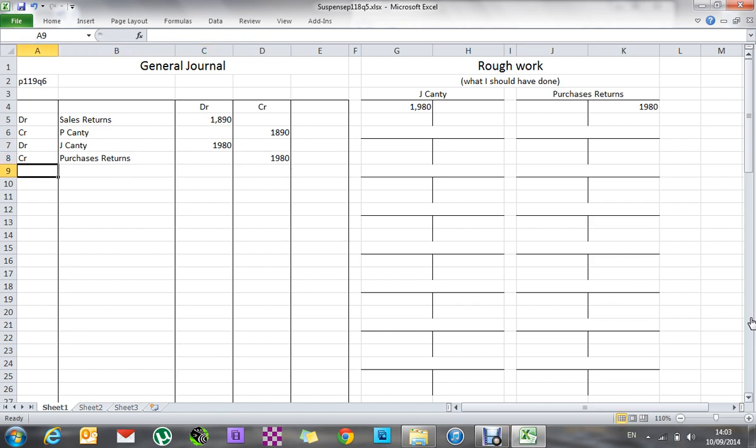And so this is a purchases returns entered as a sales returns. Or I could have said something like purchase returns entered in the wrong account, something like that. So that's the first one.